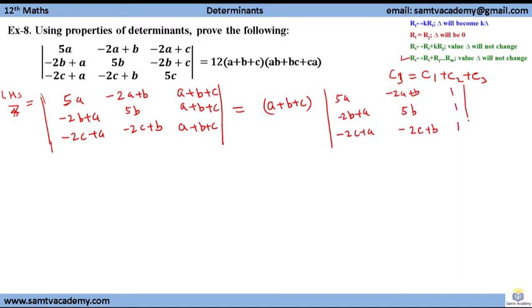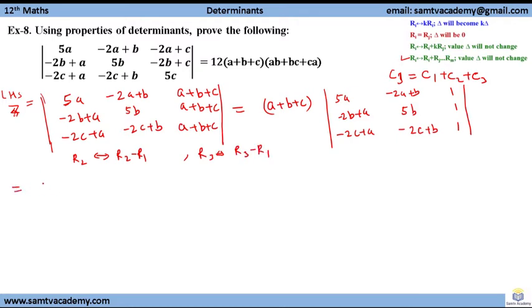As we got all 1s in column 3, now we can make two of them 0 and then expand. For that, replace r2 with r2 minus r1, and similarly r3 with r3 minus r1.